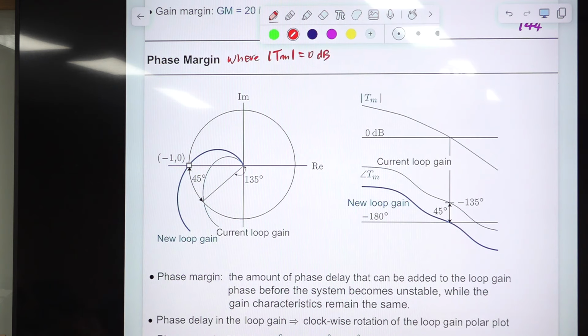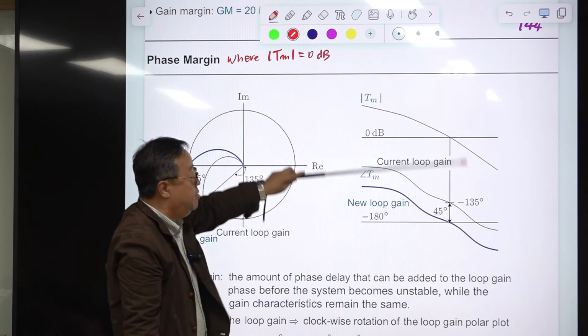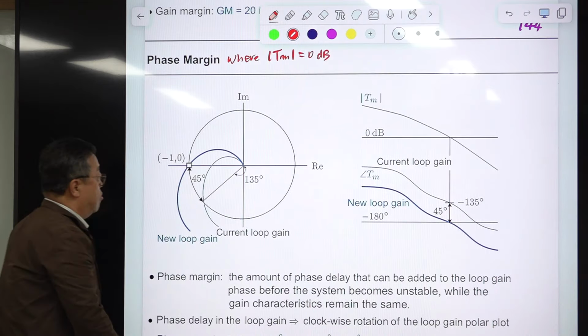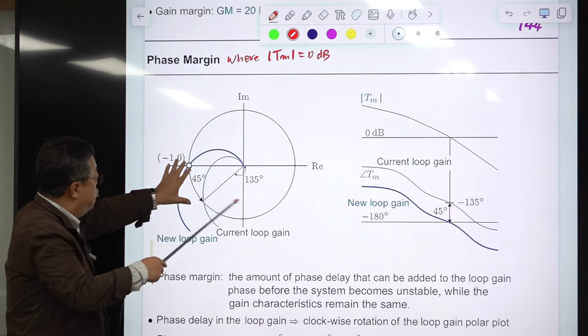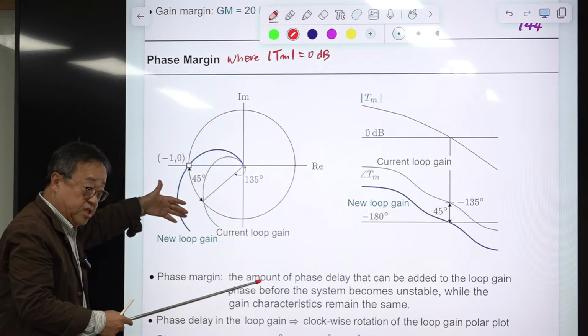So you should take a look at this unit circle. Unit circle crossing is the same as crossing the 0 dB line in the Bode plot. While you are doing this, the magnitude is fixed.